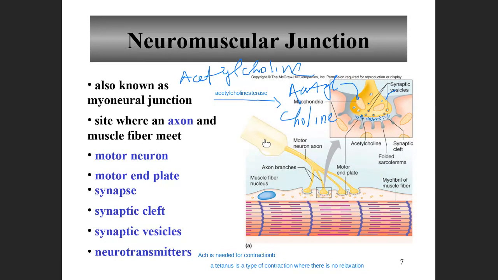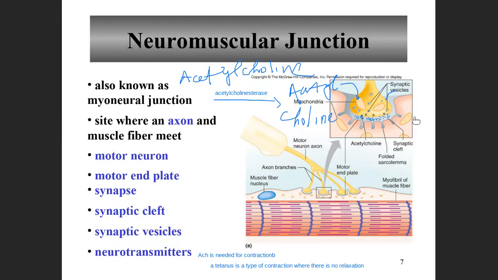The acetyl part and the choline part then get taken up at the axonal terminal, and it rebuilds it back to acetylcholine again. But if you break up the acetylcholine, then there's no more stimulation, and with no more stimulation, you get relaxation. Okay? Does that answer your question? All right, so I hope that answered your question.